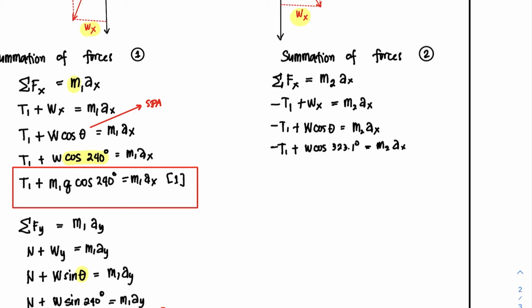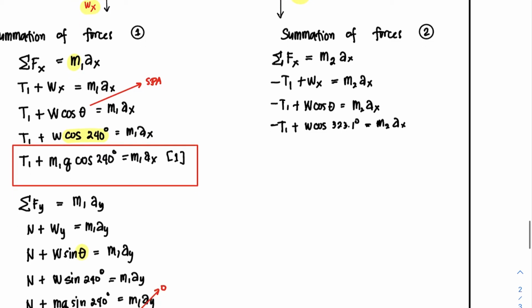All right, so I'm just going to further simplify this one where I break down weight into mg. So that's m2g cosine of 323.1 degrees is equal to m2 a sub x.